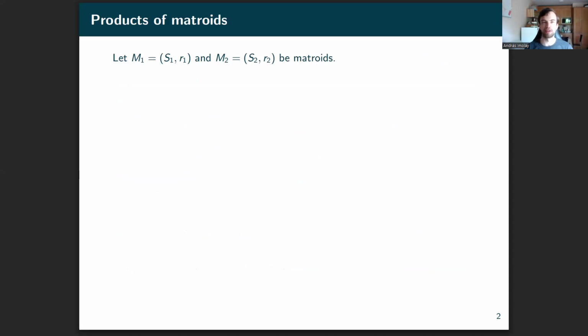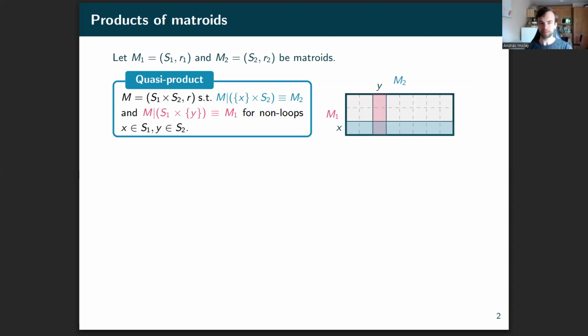So it is natural in mathematics that if we have some mathematical structures, then we consider the product of them. So it's not a surprise that matroid products have been considered earlier, but there is no canonical definition for this. There are several matroid product notions in the literature. I will talk about the three most important ones.